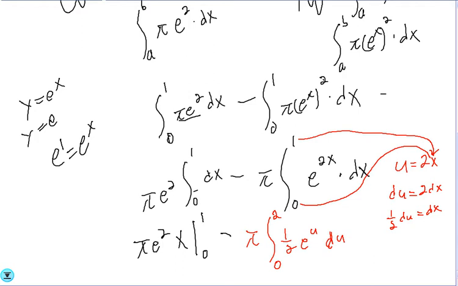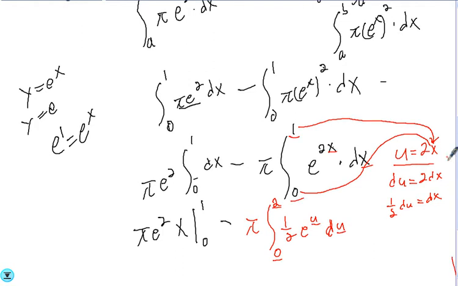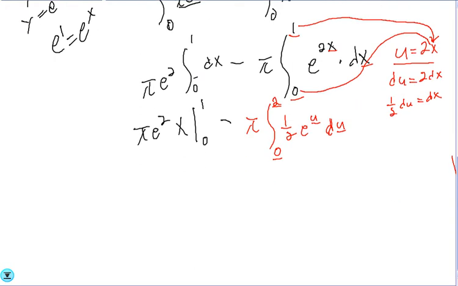Okay, so now I'm going to do this integration here. So I haven't evaluated this yet. So minus pi, and then the integral of e to the u is just e to the u. It stays the same. So we have 1/2 e to the u evaluated from 0 to 2.